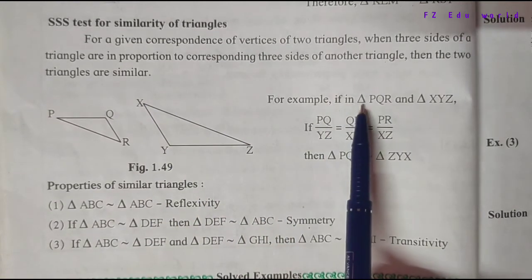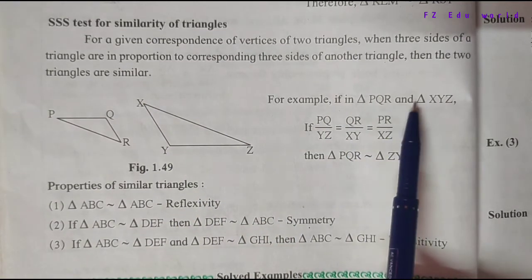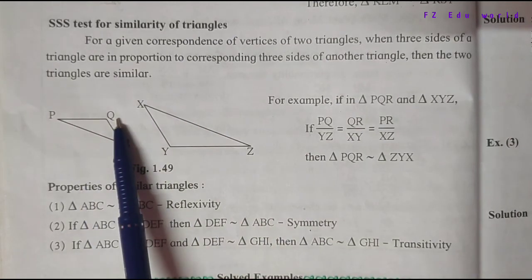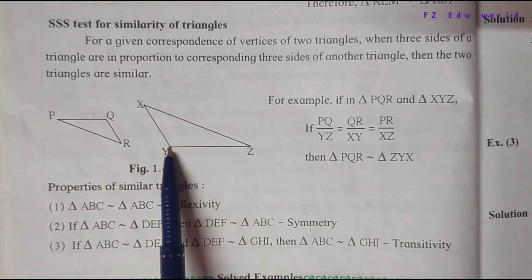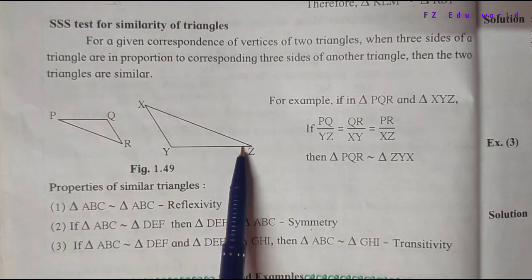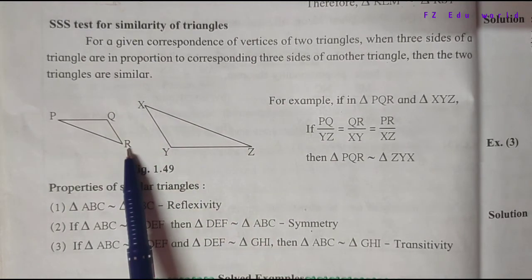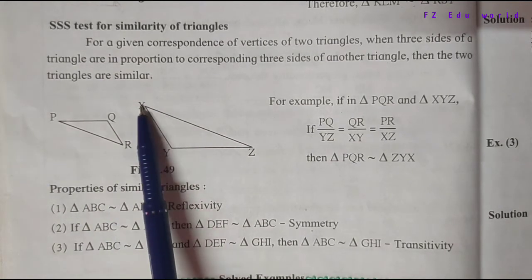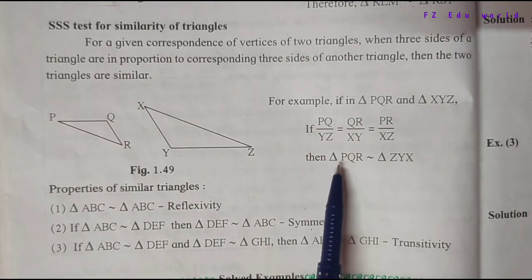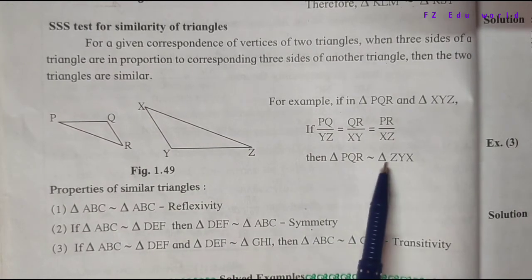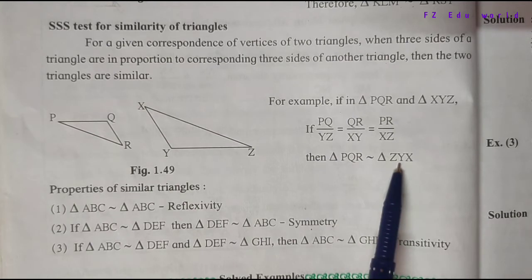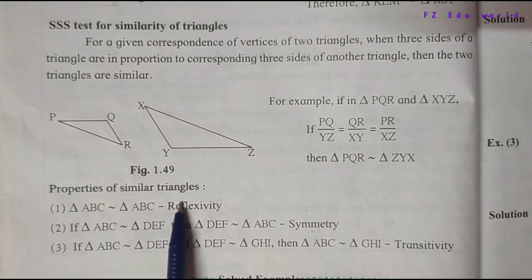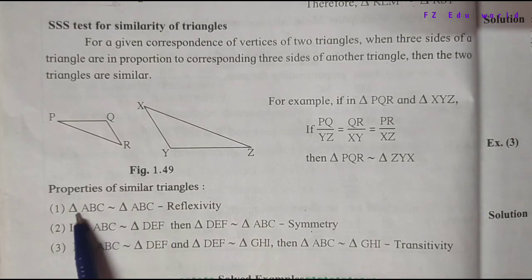For example, in triangle PQR and triangle XYZ, PQ upon YZ is equal to QR upon XY is equal to PR upon XZ. Then triangle PQR is similar to triangle ZYX.